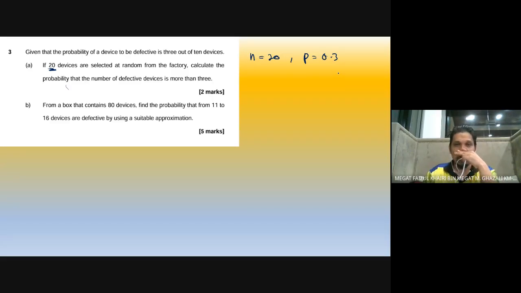So if 20 devices are selected from the factory randomly, we say that this is binomially distributed with the number of trials 20 and the probability of success 0.3. Now, calculate the probability that the number of defective devices is more than 3.